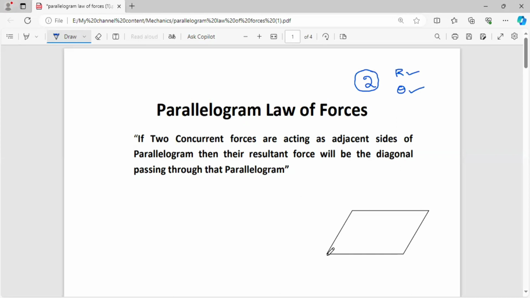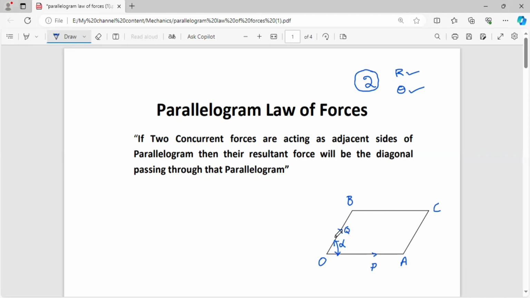I am considering one parallelogram, O, A, B, C. Now, if you observe the statement, if two concurrent forces, meaning all the forces are concentrated at a single point, here assume they are the force P and the force Q, and these two forces act with an angle of inclination alpha.